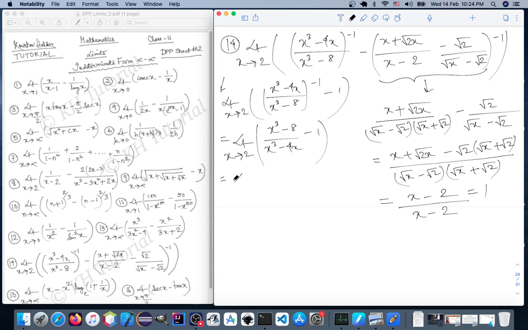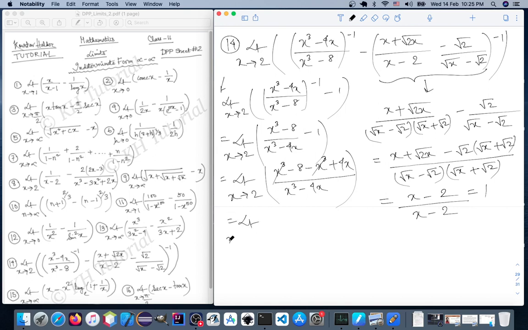This is x cube minus 8 minus x cube plus 4x. The x cube cancels out.